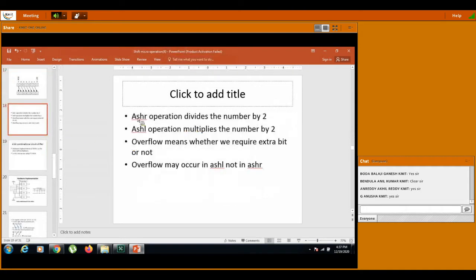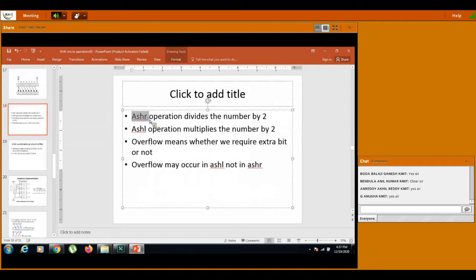So as I told you, arithmetic shift right operation divides the number by 2, and arithmetic shift left operation multiplies the number by 2. So here, what is the overflow?